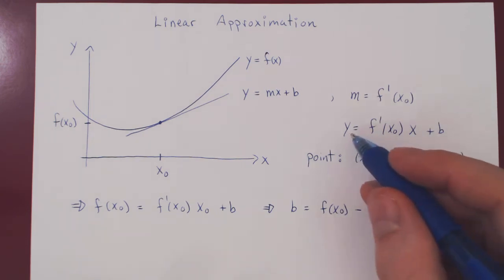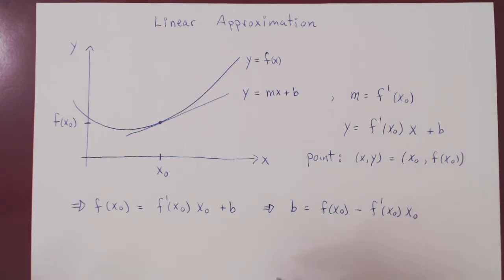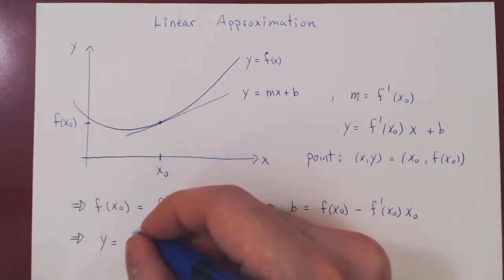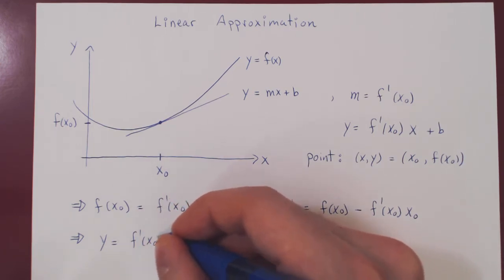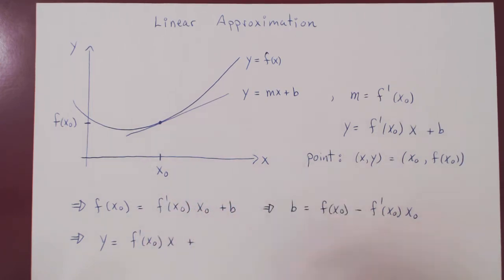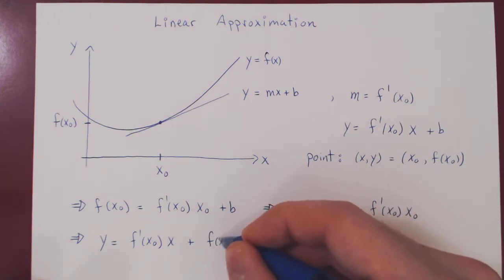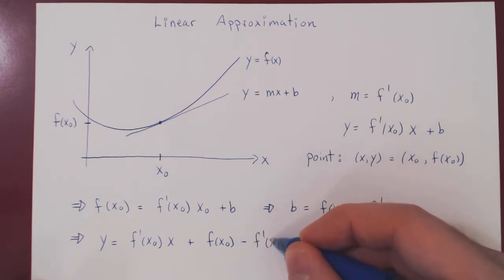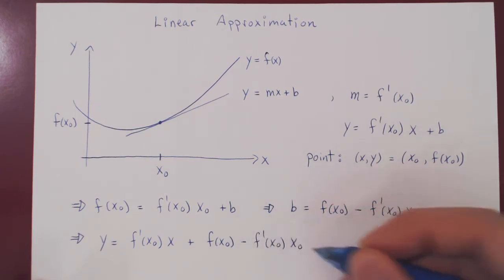And now we can plug back in to the equation of the tangent line our value of b. And so we get the equation that y equals f prime of x0 times x plus b, which we have found to be f of x0 minus f prime at x0 times x0.